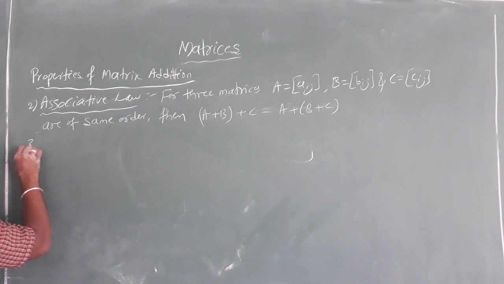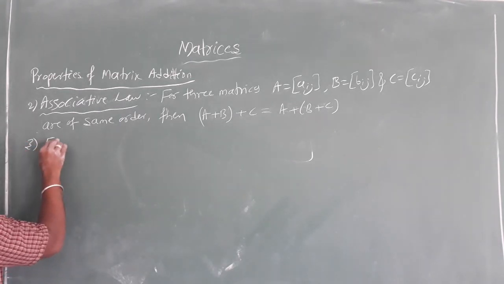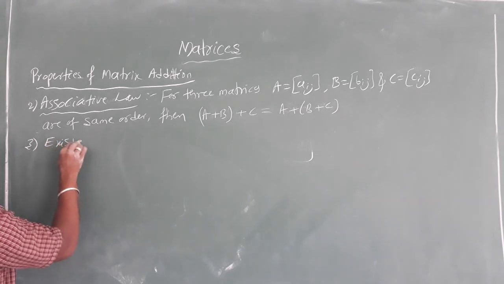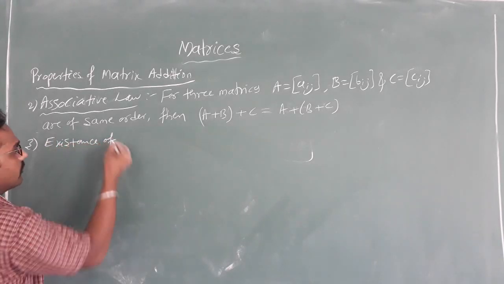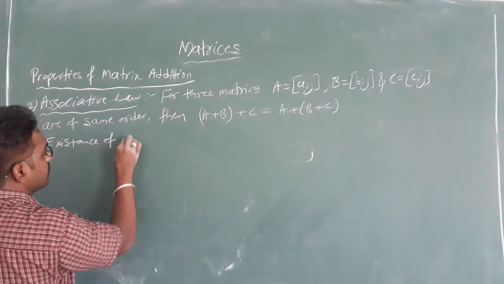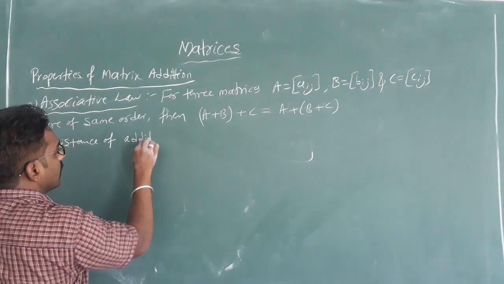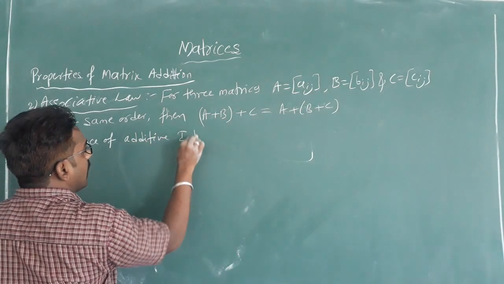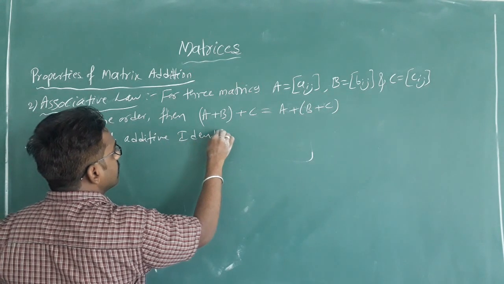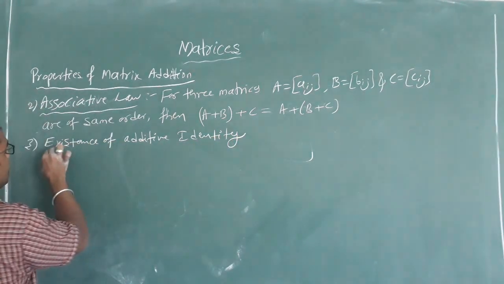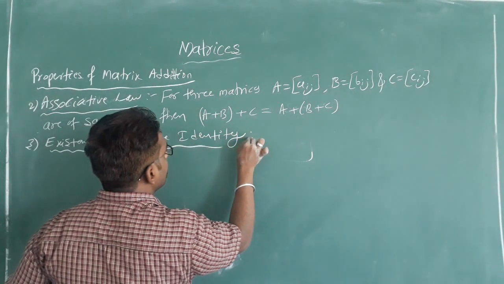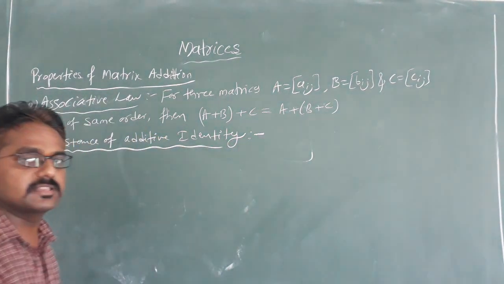And the third property is the existence of additive identity. All these properties are already known to you in the number system from high school.